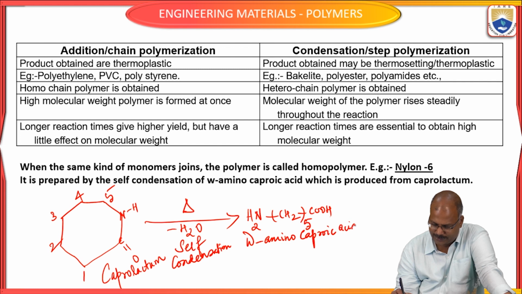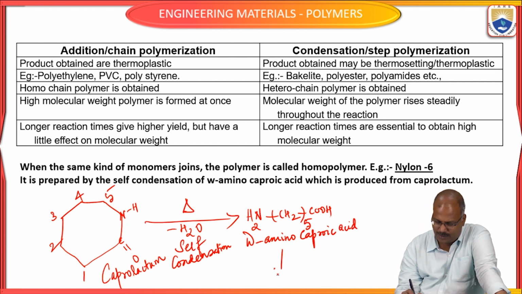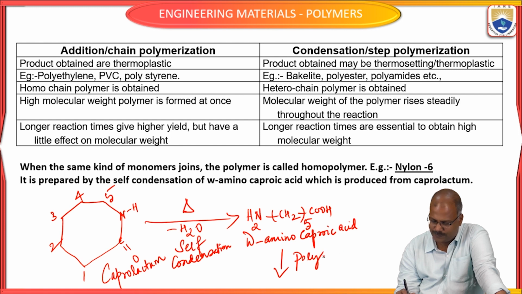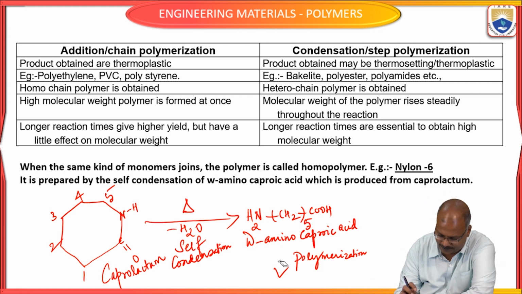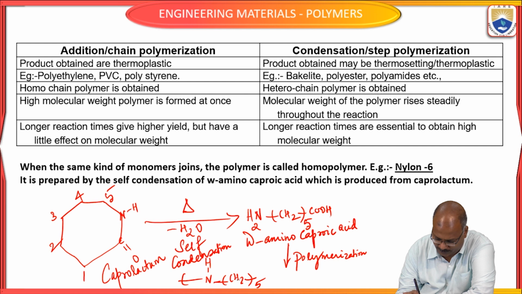This on polymerization gives nylon 6. What is nylon 6? NH (CH2) 5 times C double bond O, n times. This is nylon 6.